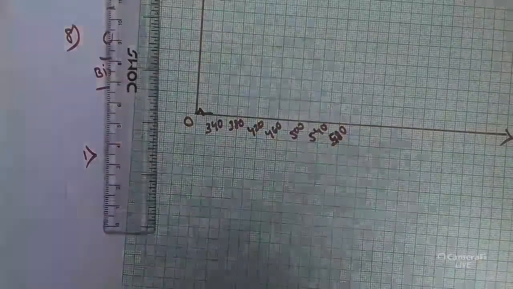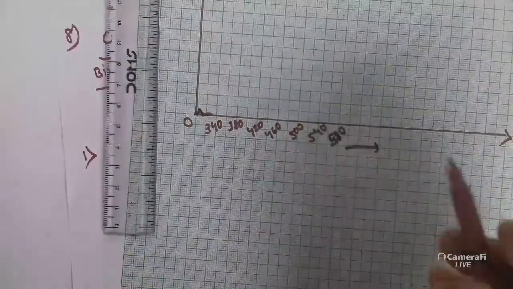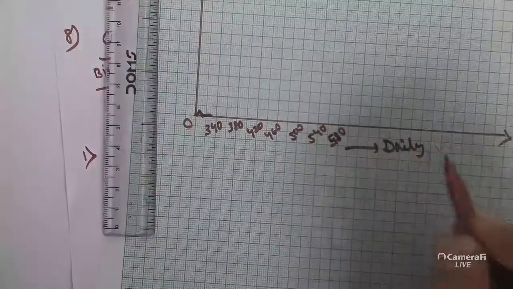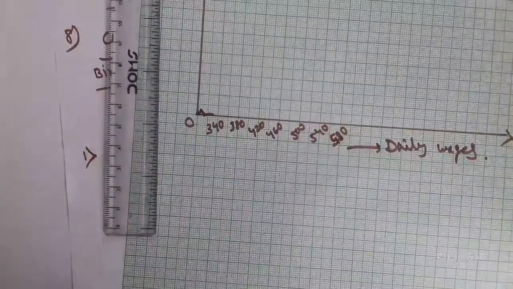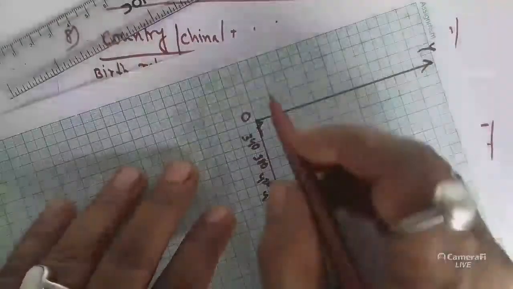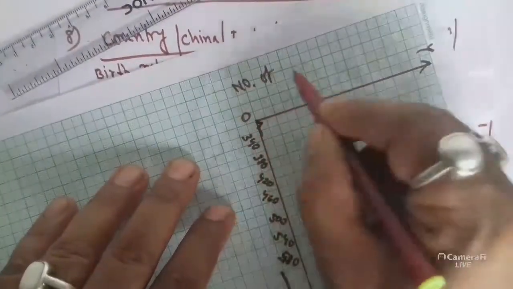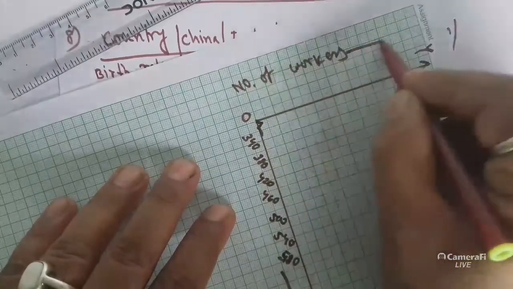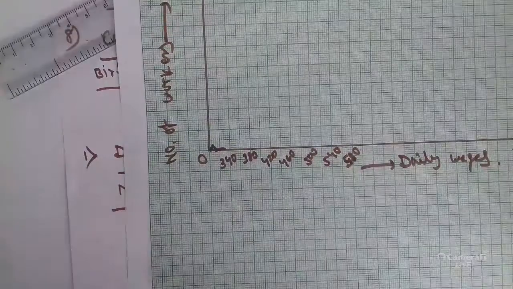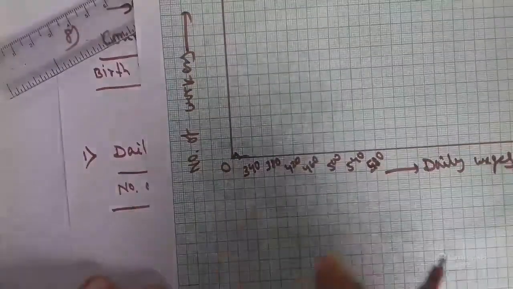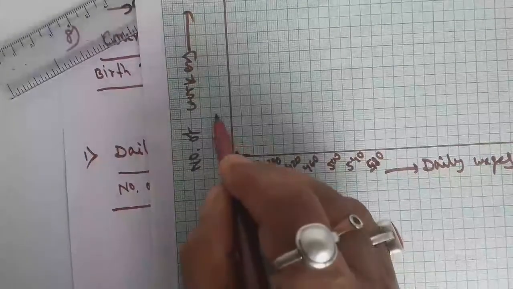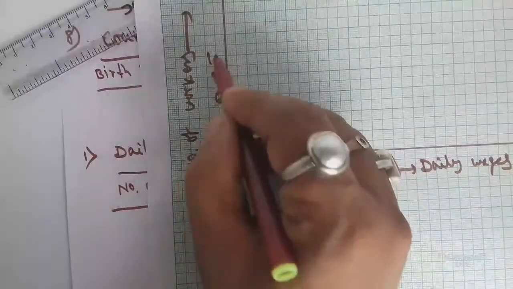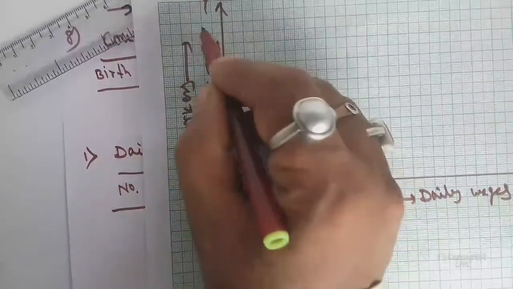Understood? Now here along x-axis we have to write daily wages, and along y-axis we have to take number of workers. So the highest value is 16. So here we have to take 2 at a time, 2, 4, 6, 8, 10, 12, 14 and 16.